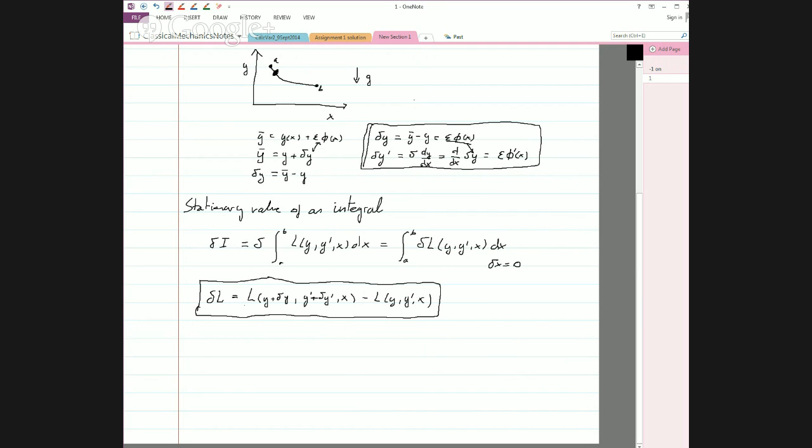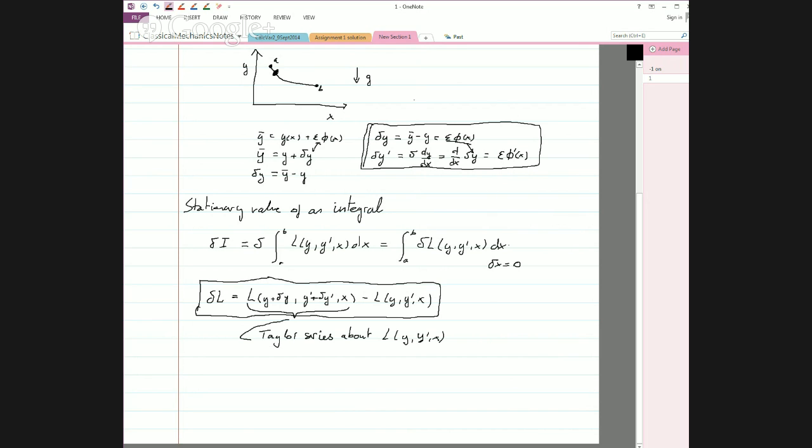So let's look at this term here. And let's do a Taylor series about L evaluated at y, y prime, and x. Right? Because the delta y and delta y prime, in principle, can be infinitesimally small because they have this epsilon in it, and we'll make epsilon go to 0.